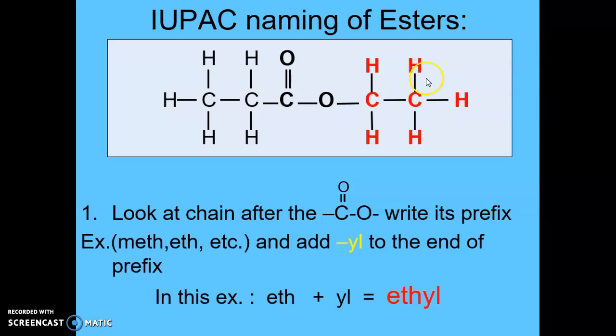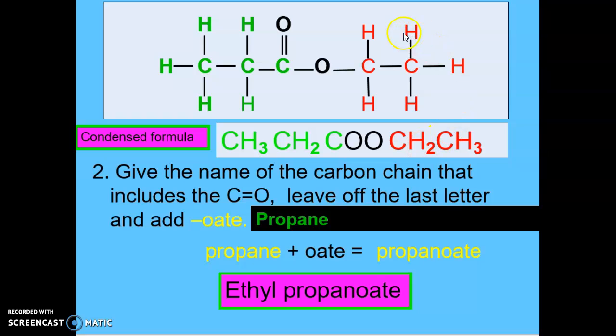How to name esters? First, we name the alkyl group, and then we change the -oic ending of the acid into -ate. For example, in this case it is ethyl, because of the ethyl group, and then this is propanoic acid.